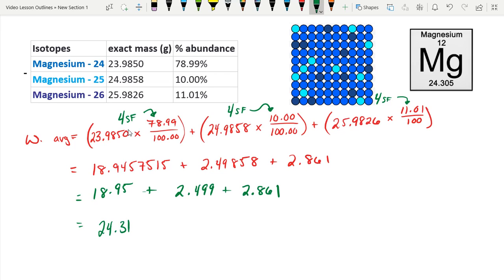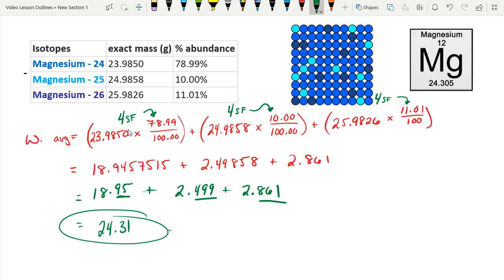Now I need to ensure that I have the right number of decimal places because that's the rule for addition and subtraction. Here we have 2 decimal places, 3 and 2. So I need to round this to 2 decimal places, making 24.31 our final answer.